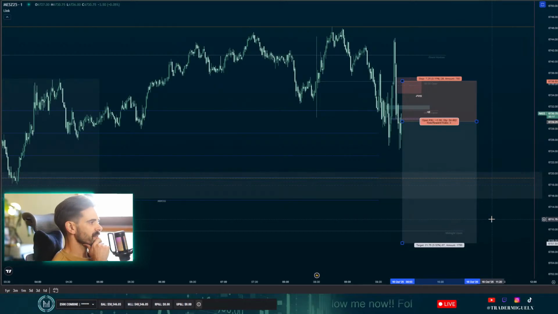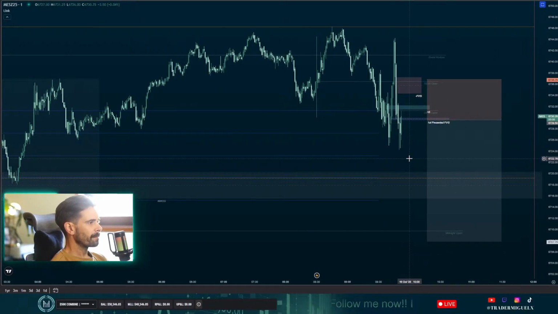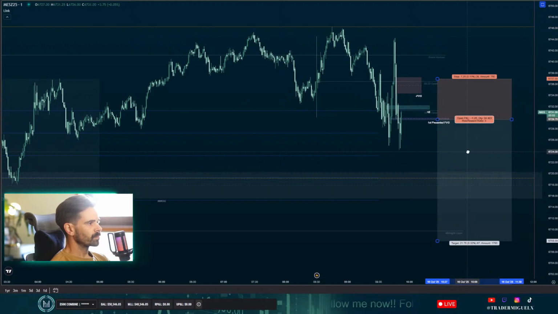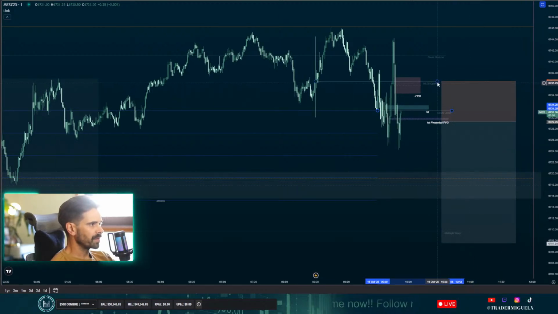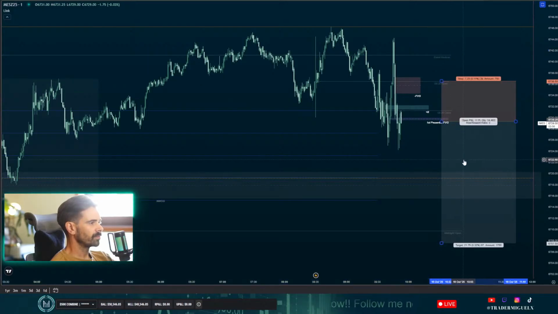Still watching this and still watching this reaction. I really didn't like how we closed here with this big wick. Let me see if we will close above 8:30 open, or if we close just below it.